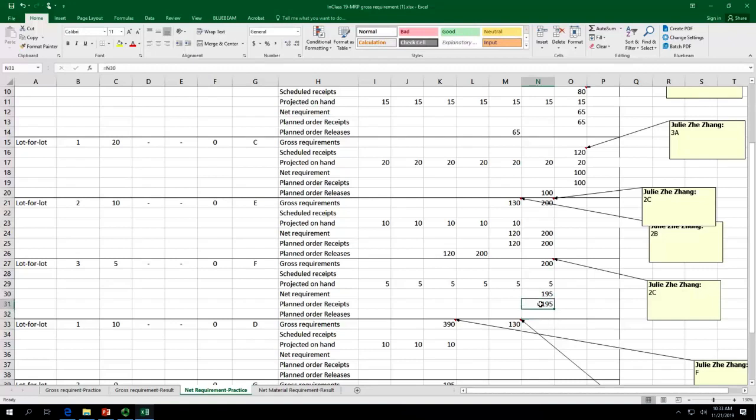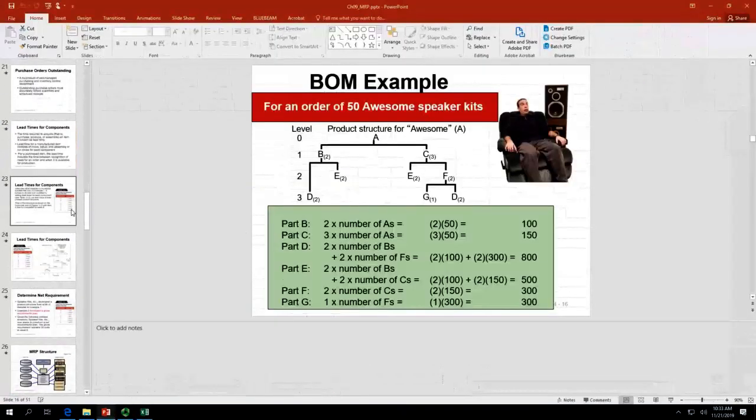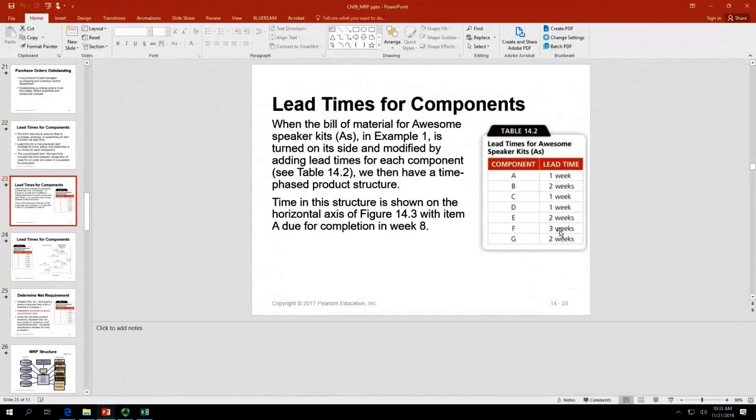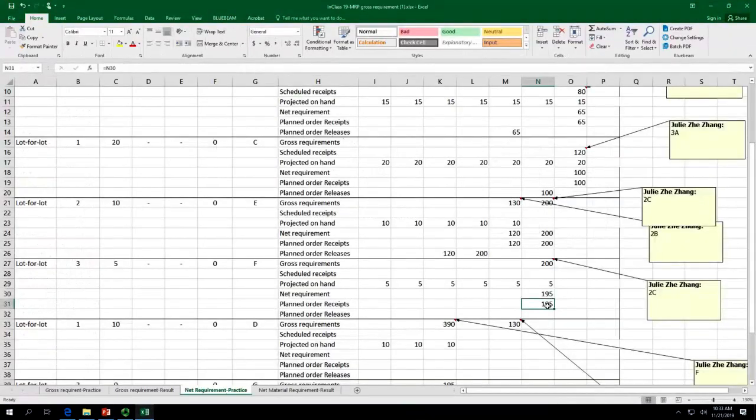And the release order, so C, this is F. F lead time is 3 weeks. So F is 3 weeks. Now needs to put it in the 3rd week. End of the 3rd week equals 195.